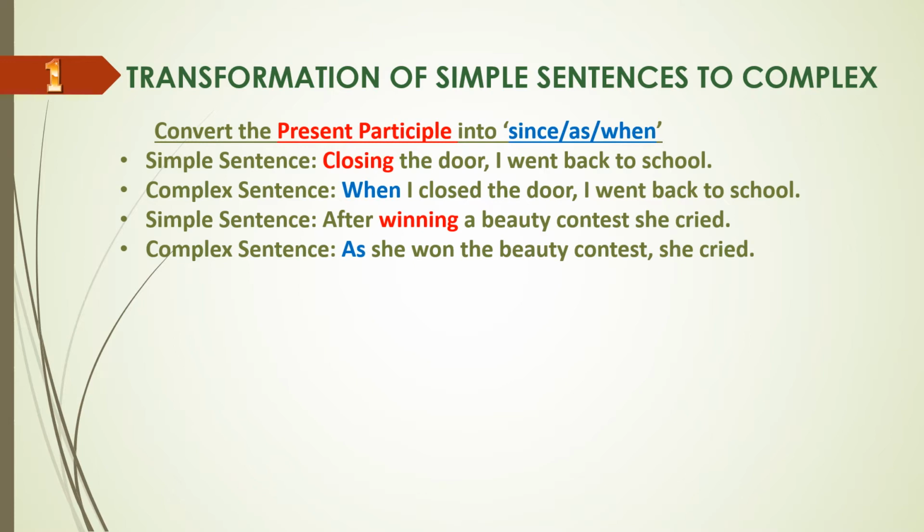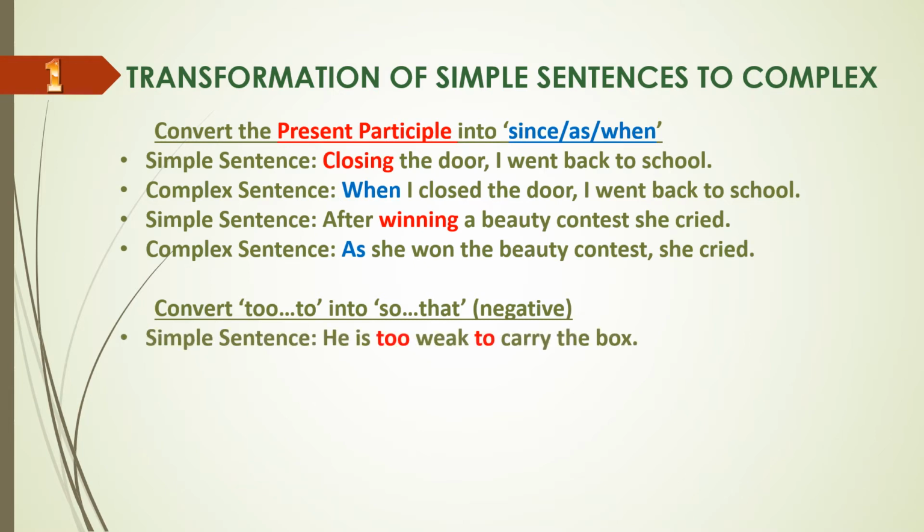Okay. One more simple way is to convert the to and to into so that, and then when it converts from to into so that, the sentence changes to negative. One example: he is too weak to carry the box.